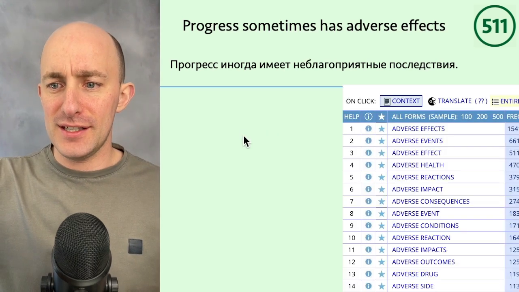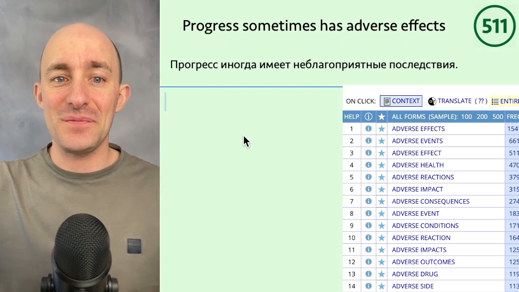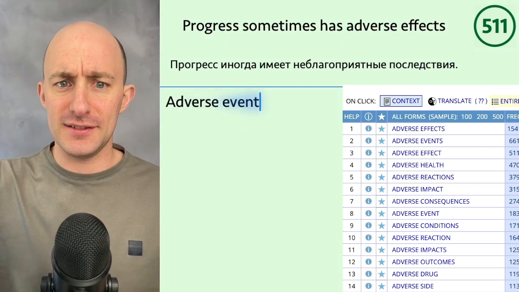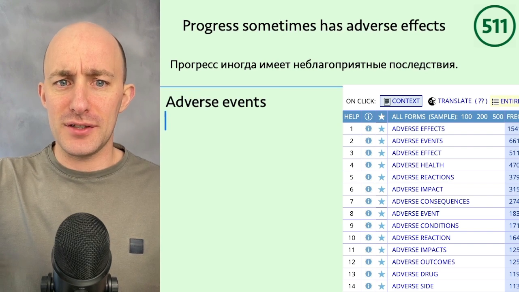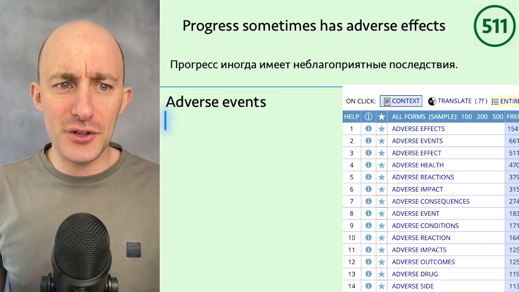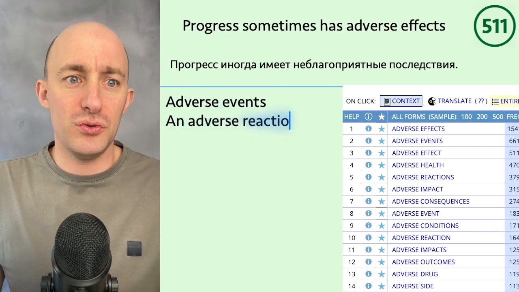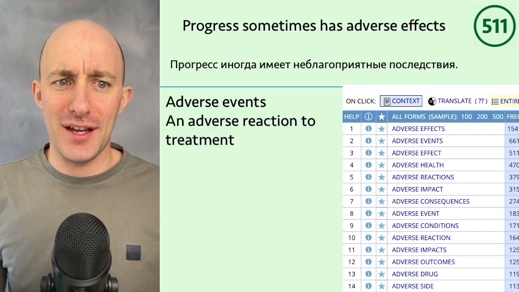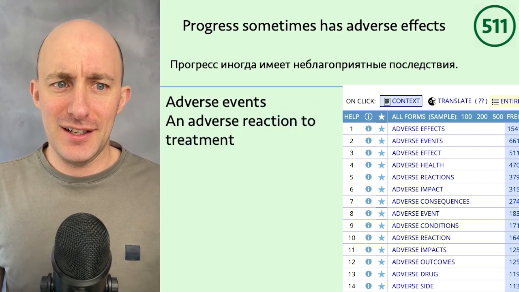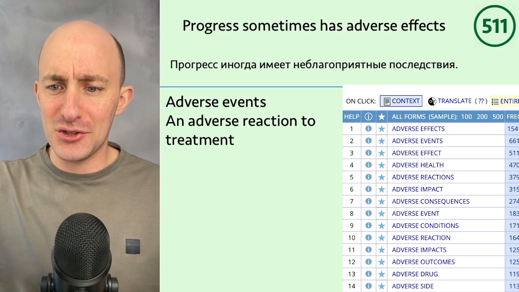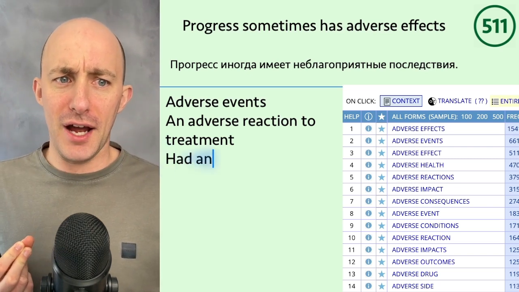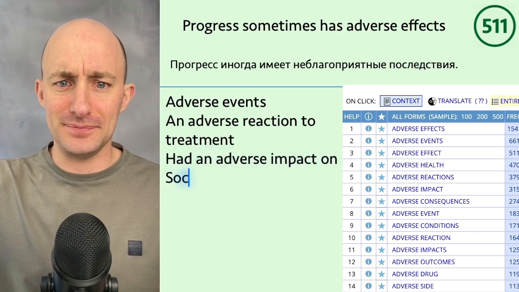Number 1 is adverse effects. We also talk about adverse events. We talk about an adverse reaction to treatment. For example, that's usually a medical thing. If the patient had an adverse reaction to the treatment. You can talk about it had an adverse impact on society.